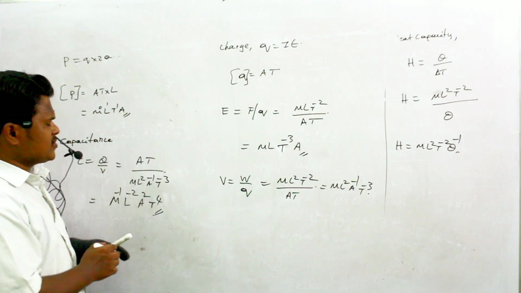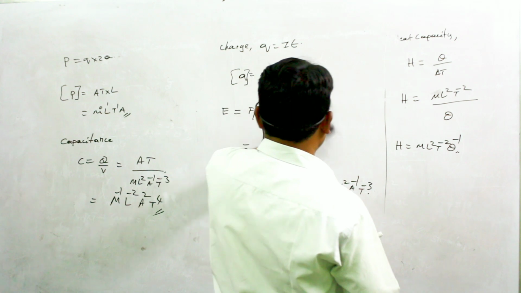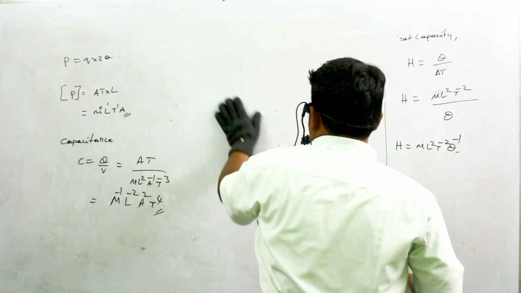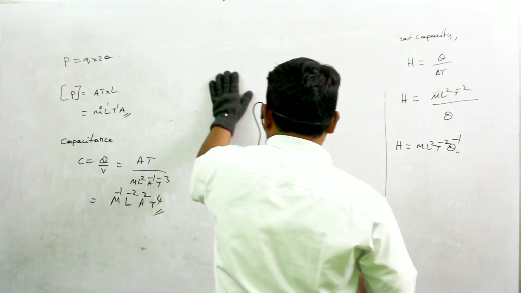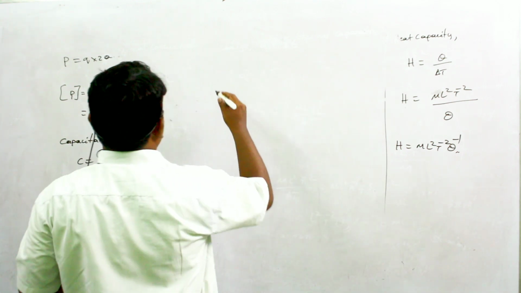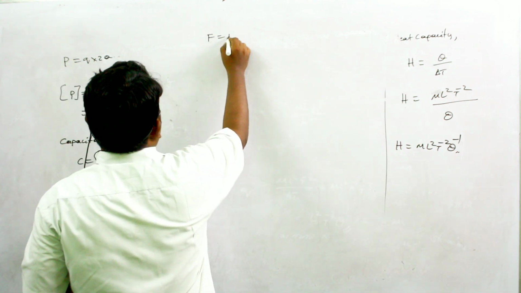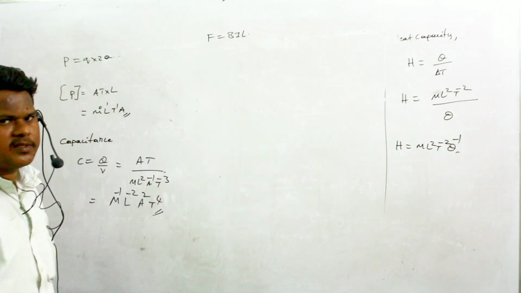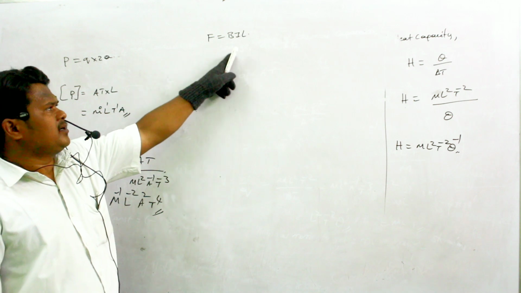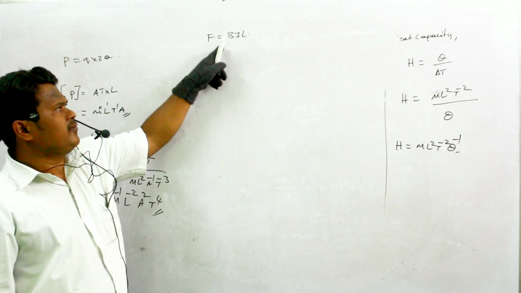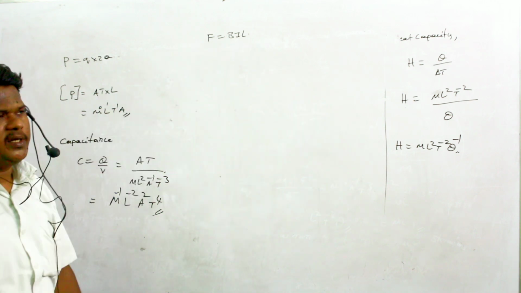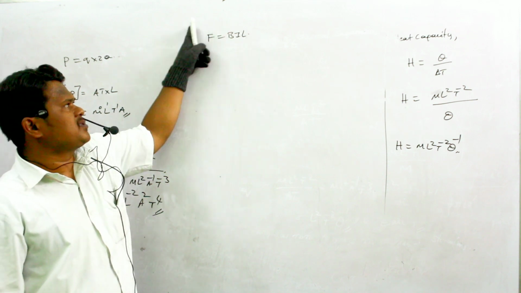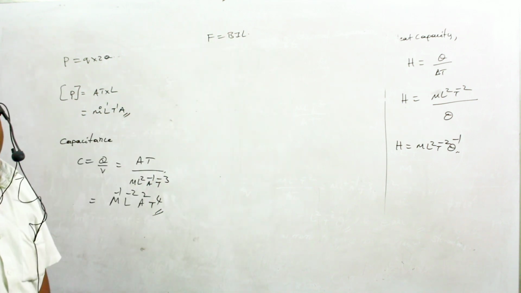Similarly, we can also find out the dimension of magnetic field intensity, which is called B. So F is equal to BIL. This is the relation which we have: the force experienced by a current carrying conductor carrying a current I when it is placed in a magnetic field B, and whose length of the conductor is L, is given by F is equal to BIL.